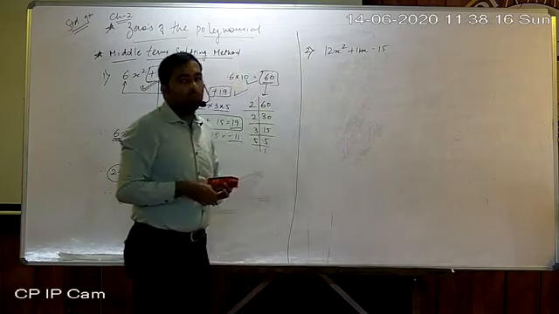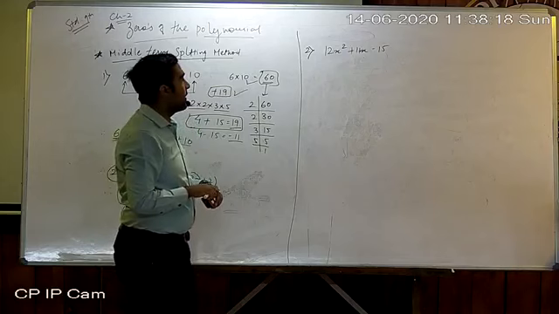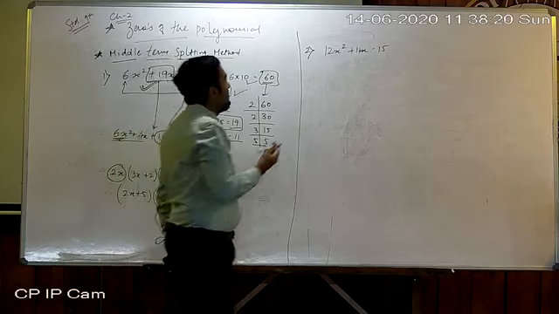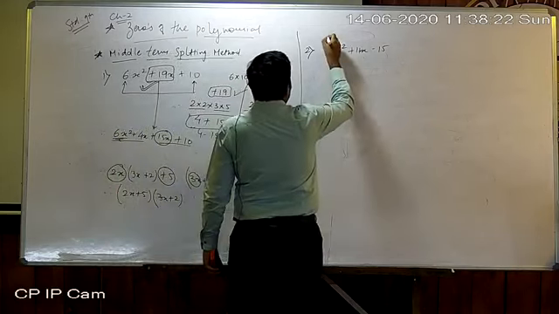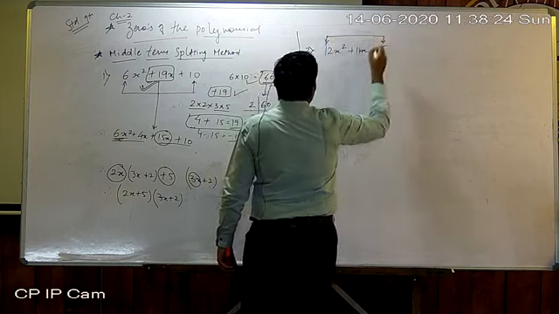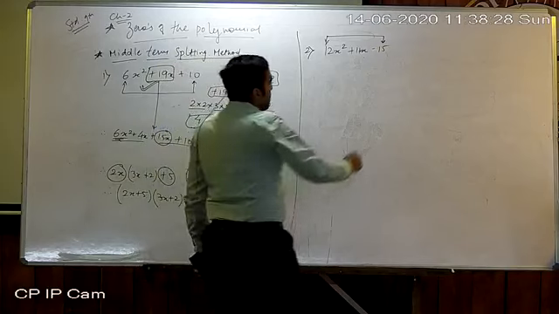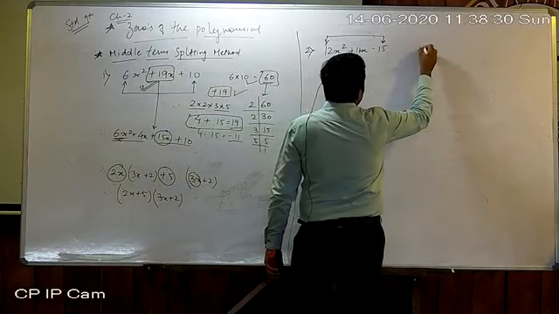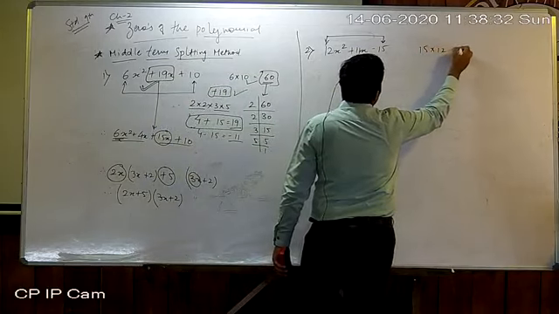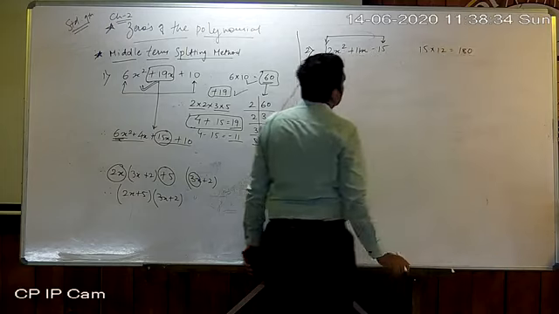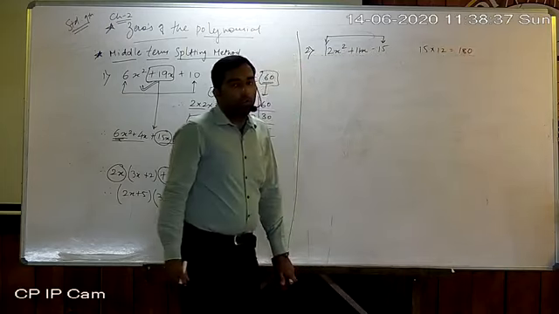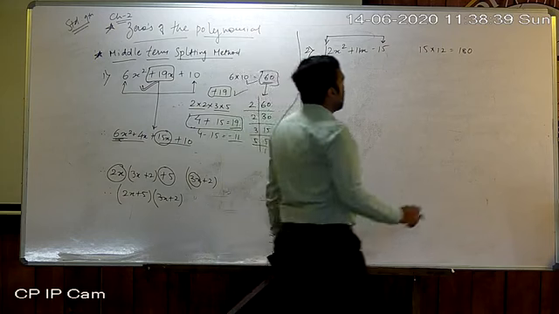Now students, do it yourself and give me the answer for this term. Okay, so my multiplication is 15 into 12, that is 180. Okay, now we will factorize 180.